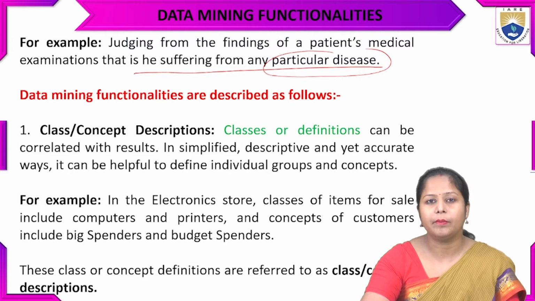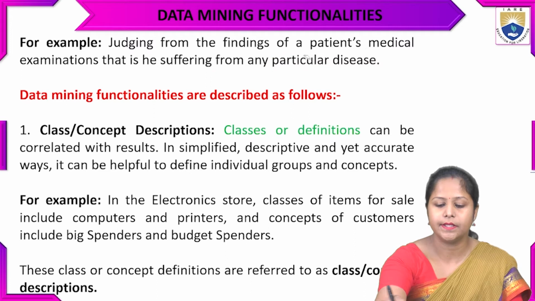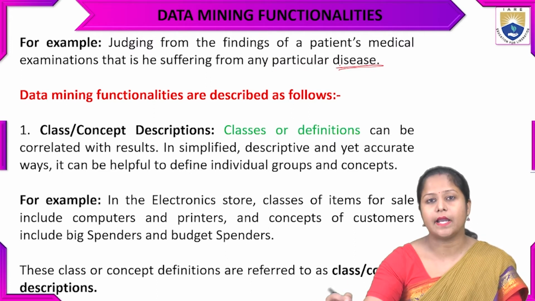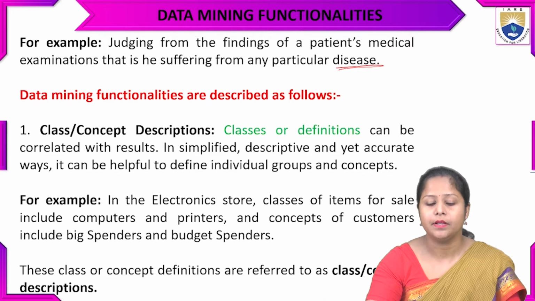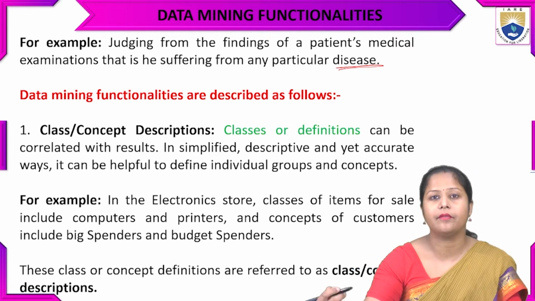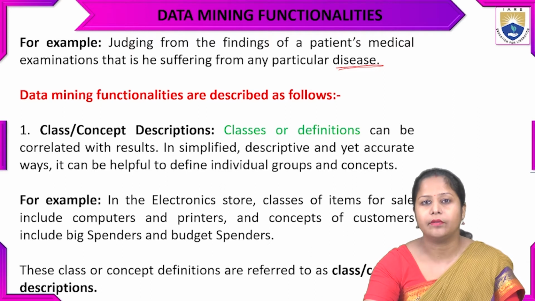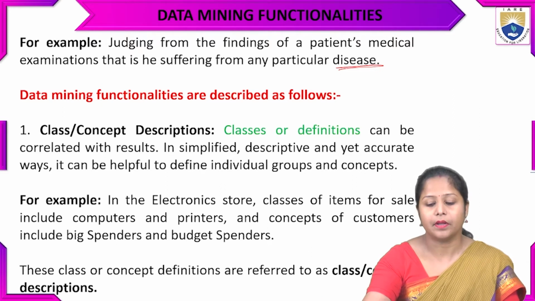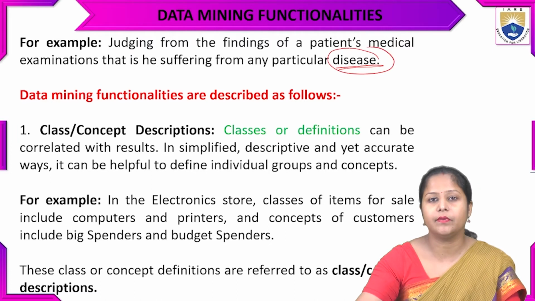So we have to know what disease he has. The type of disease will depend on how severely he is affected. So that will be the independent variable, and the type of disease will be the dependent variable.